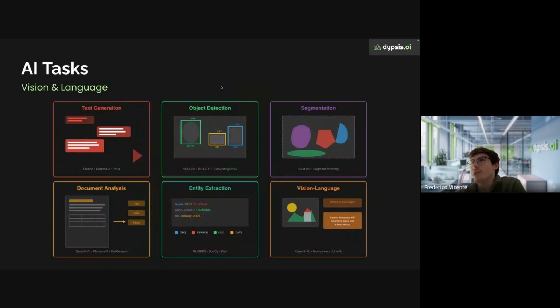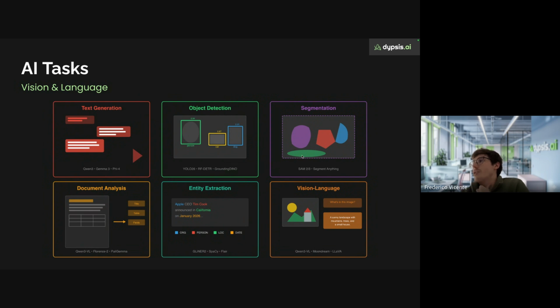Now I'm providing some other kinds of tasks that are normally popular. Of course, text generation, which is normally used in chatbots, and now it's common to have other tasks like object detection, where, for instance, YOLO 26 and DETR, like I was saying previously, just came out, and they provide very good quality results and are quite small.